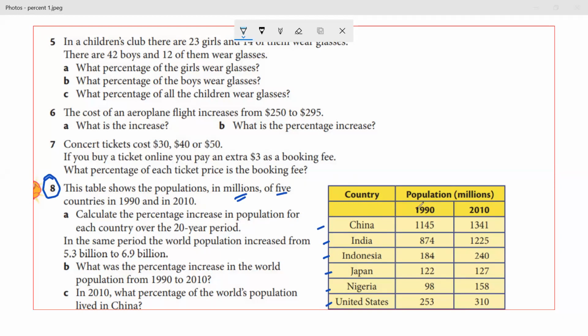So, for example, China in 1990 was 1145 and in 2010 it is 1341. So how will I calculate the percentage increase of China's population, Mr. Sarthak?